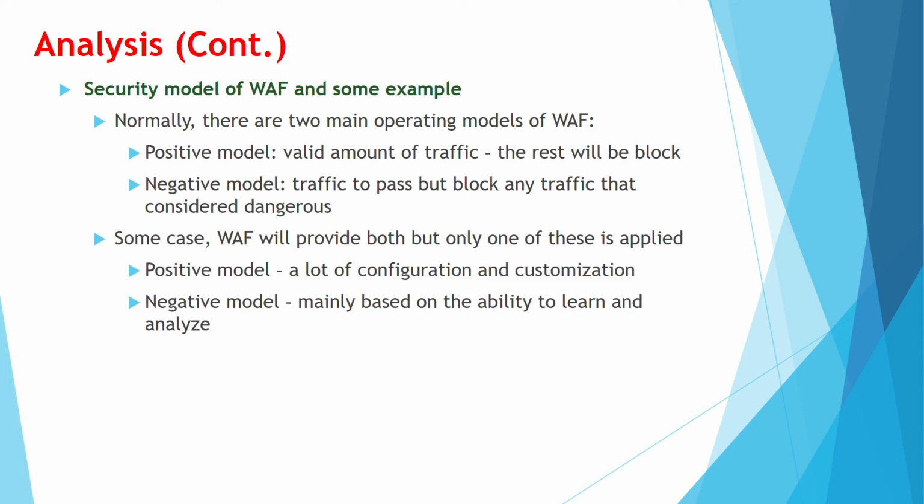The positive model requires a lot of configuration or customization. But the negative model is mainly based on the application learning and analyzing the behavior of the network traffic. So WAF works with several separate models below.